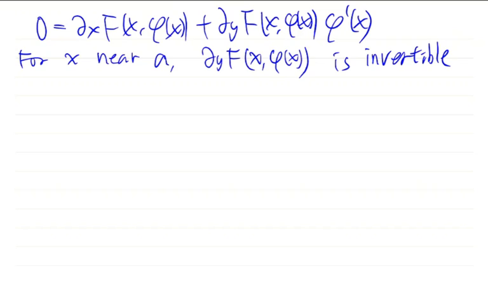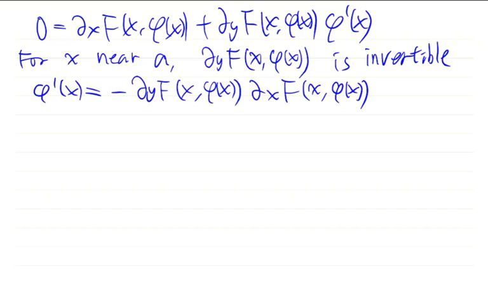Therefore, we multiply by the inverse matrix, and we obtain phi prime x is minus dyF inverse, then dxF. Here, phi is a map from O to omega. O is m-dimensional, omega is n-dimensional.